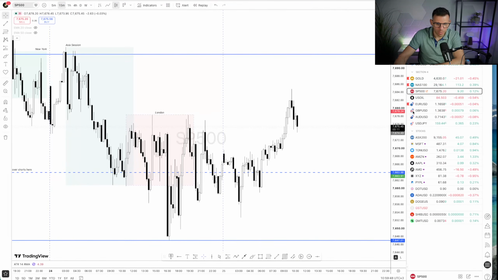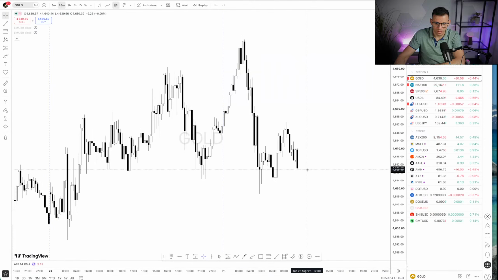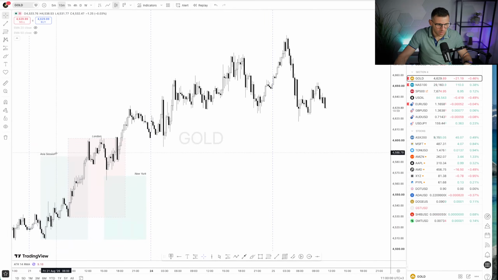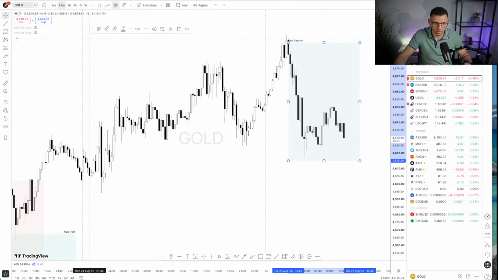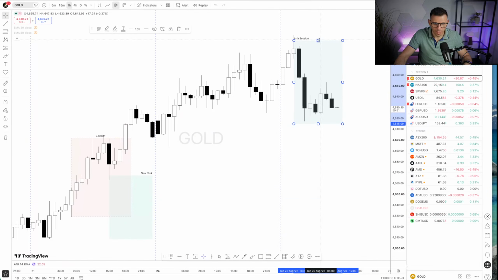SP is pulling back. We start from the Asian session. So Asian session started. Let's do the hourly, it's easier. So Asian session high was that one. Asian session low is this one here.